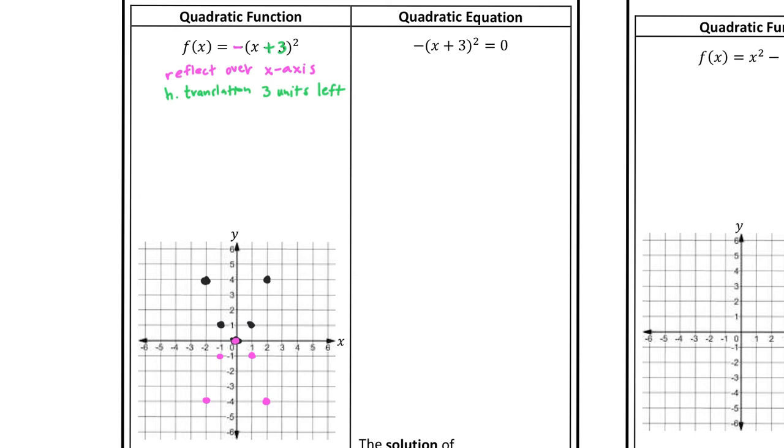So that's going to cause these points to move 3 units to the left. Give me those points, and then I can delete these extra ones.